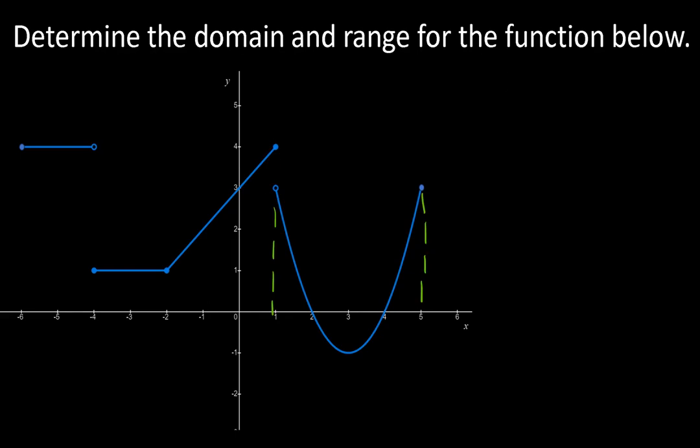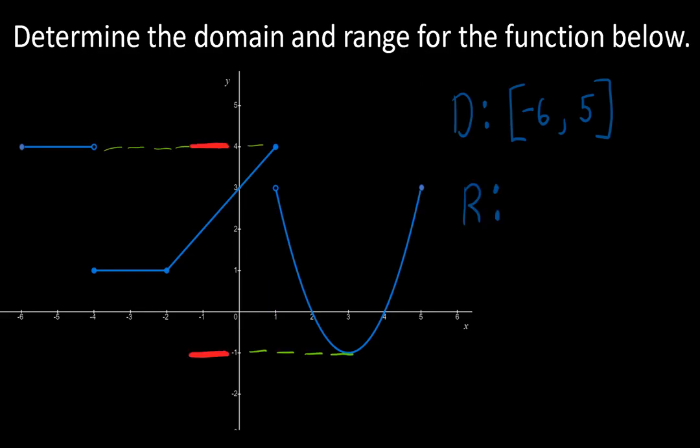And as we continue, we see that our graph does indeed touch every x value from x equals 1 to x equals 5. So our domain is every x value from -6 to +5, including -6 and +5.